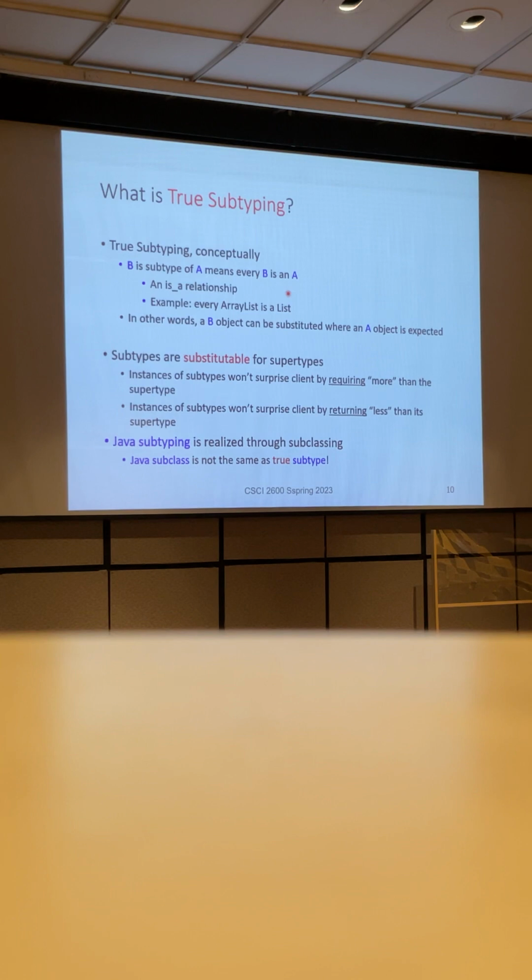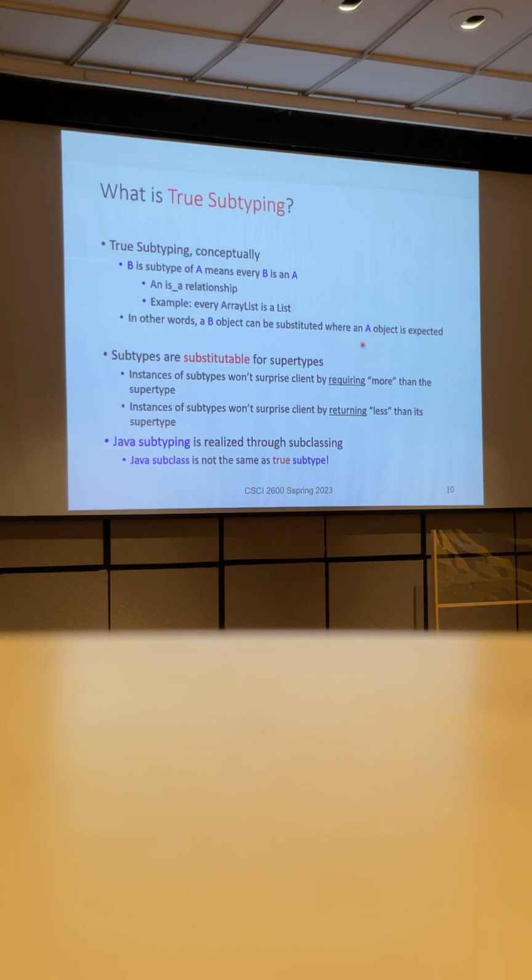In other words, it's all about substitutability. So every B is an A means that we can replace any object A with object B. So object B can be substituted in place of an object A. If this holds, it is a true subtype. So subtypes are basically substitutable for their supertypes.